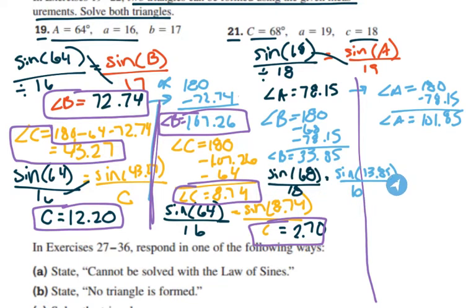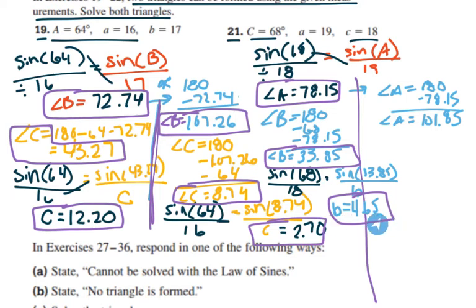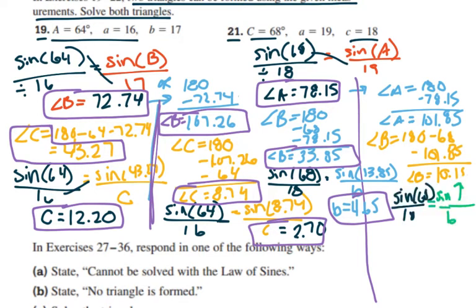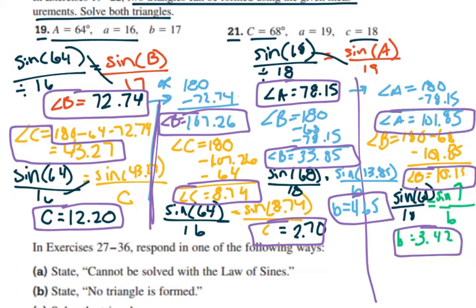Then we set up our proportion as before to find side B. So we get, from solving proportionally, 4.65, angle B and angle A. And then the other one, subtract, gets 10.15. Set up your proportion with the new angle measure of 10.15 and solve proportionally for B. And so our alternate triangle has a B length of 3.42 and then our B angle and our A.